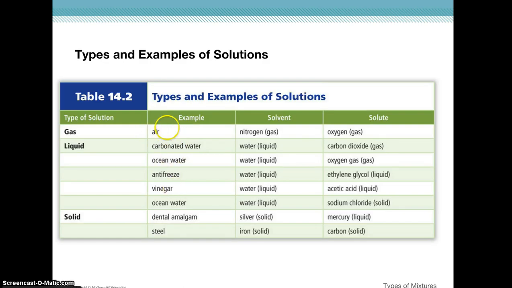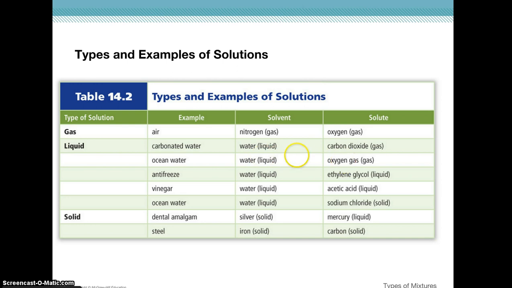So for example, air is considered a solution. There's mostly nitrogen in air, and the oxygen is mixed in with it, okay? Carbonated water, so sodas, for example, are solutions, but in that particular solution, there is a gas dissolved in the water, okay? Same thing in like ocean water or pond water.